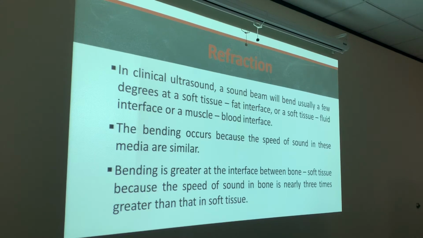Bending is greater at an interface between bone and soft tissue. What's the propagation speed of bone, guys? Isn't it about 4,000 meters per second? Somebody look that up for me. Isn't it about like 3,500, 3,400, something like that?